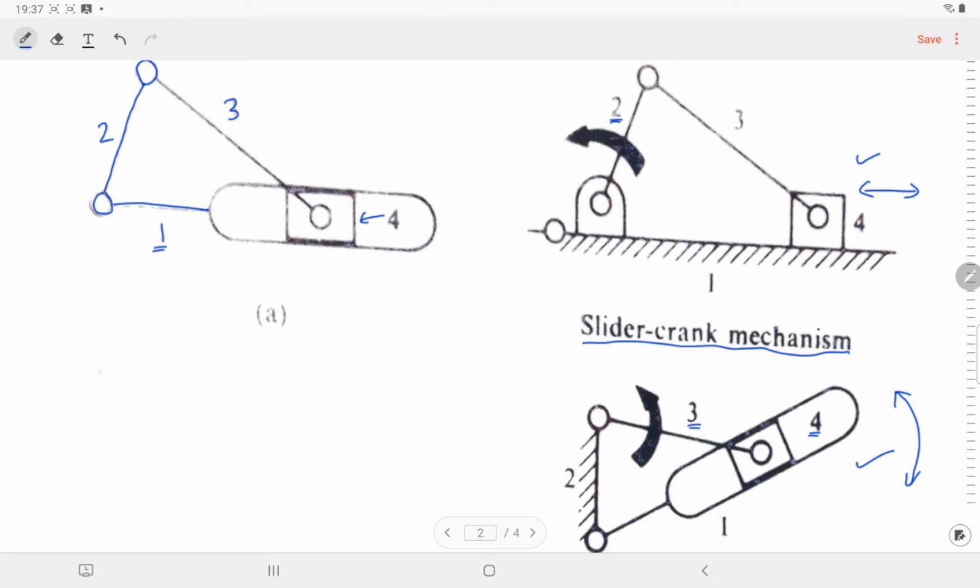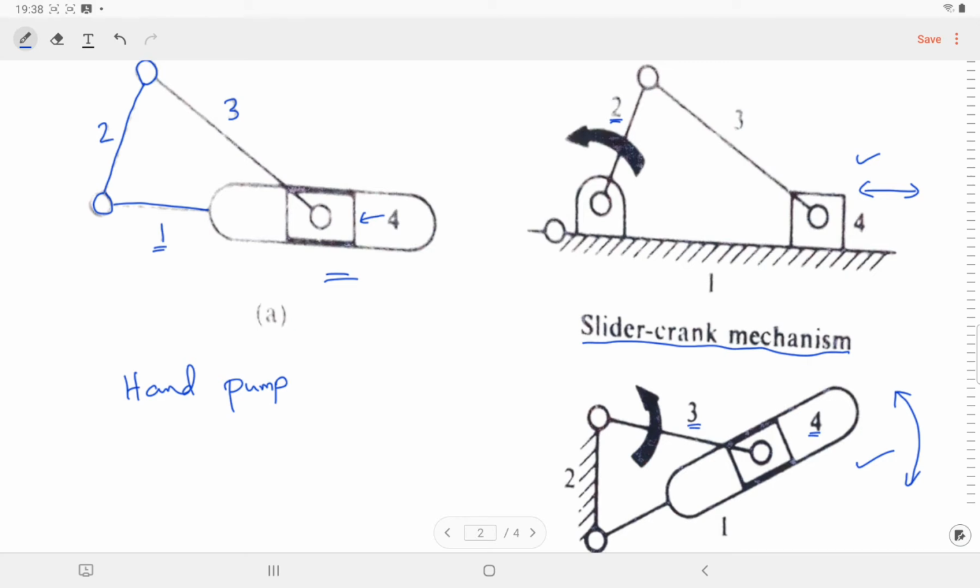What you will achieve is the mechanism which you will observe in the hand pump. So I want you to just observe the mechanism in the hand pump, and see whether it's an inversion of this kinematic chain. Okay, fine.